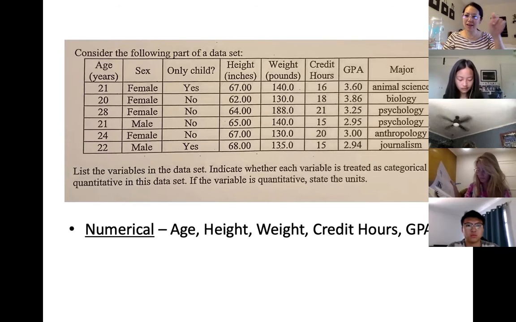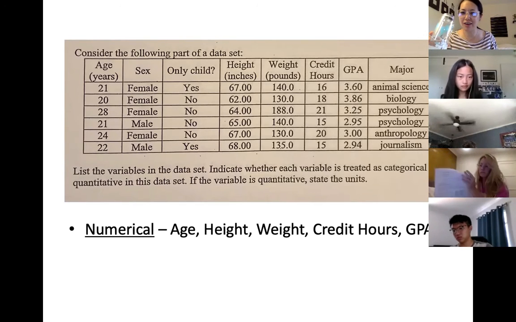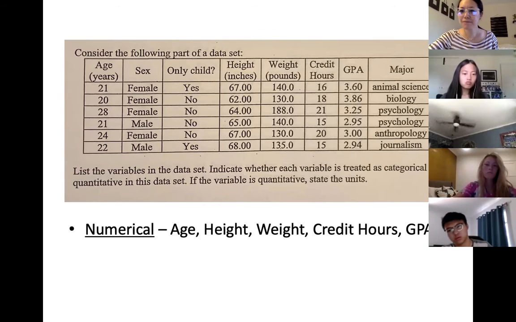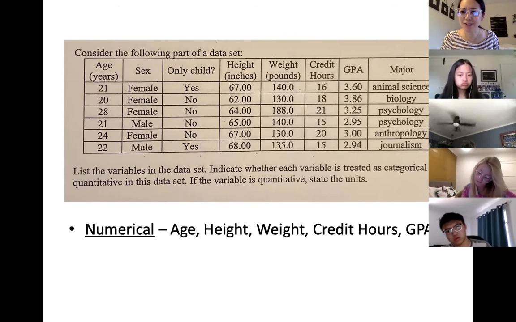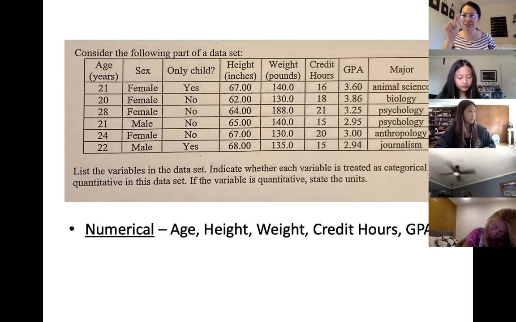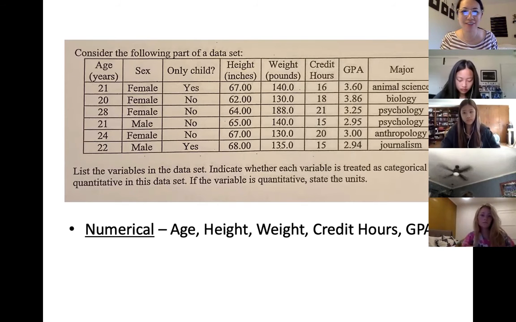Would you plot it like little dots, or would it be like a shaded region on a number line? Any guesses? Discrete. Yeah, good. You got it, Madison. So you would just see dots of 1, 2, 3, 4, 5, and those would be isolated dots on a number line. So that is discrete. Good.